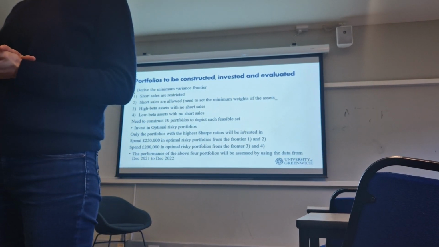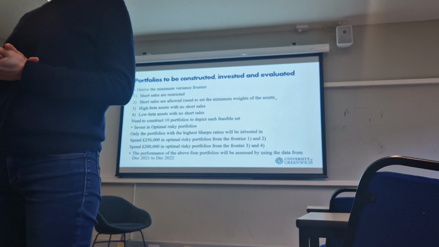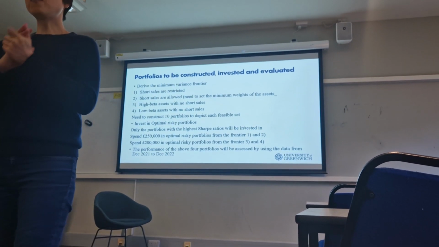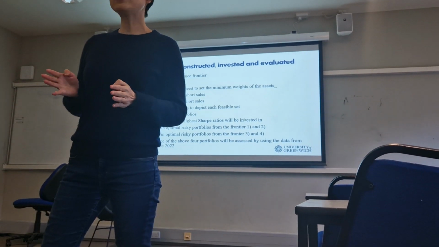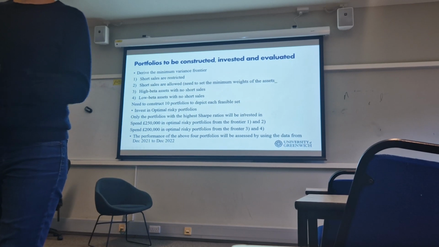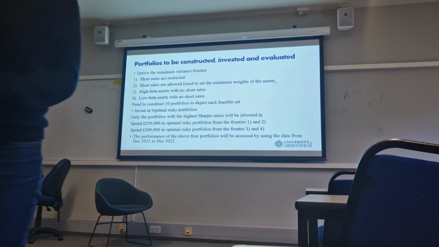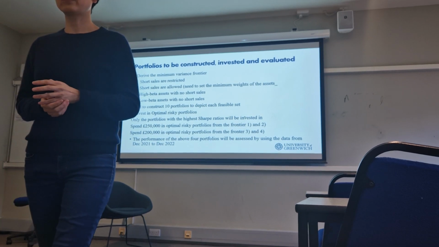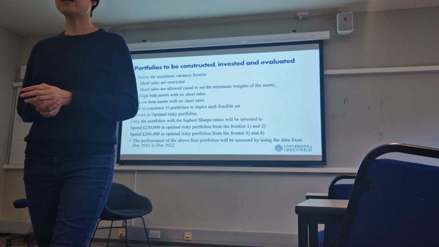Does it make sense? So for these 4 minimum variance frontiers, we basically construct 40 portfolios, since for each one we need to construct 10 portfolios.